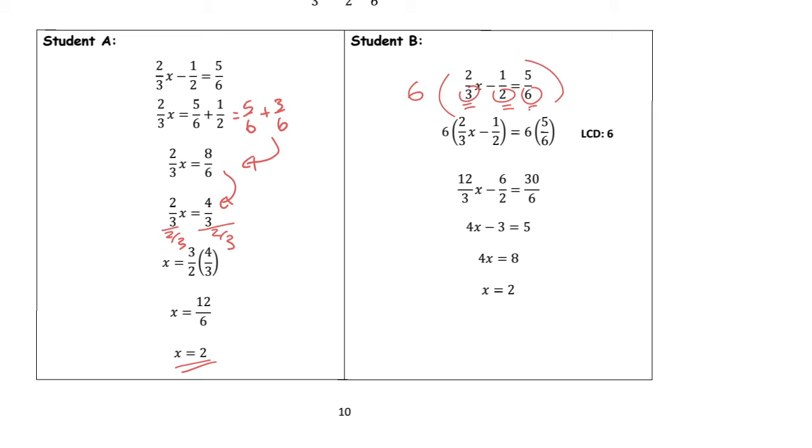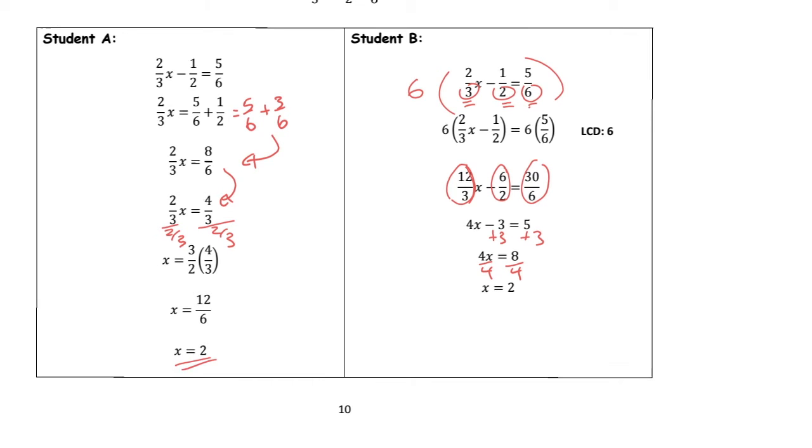So if I multiply the whole thing through by 6, 2/3 becomes 12/3, 1/2 becomes 6/2, 5/6 becomes 30/6, and each one of those can be simplified down to a nice value. So 4x minus 3 equals 5, and then we add the 3 to both sides and divide by 4. And we get the same answer. And that's an important point here. We get the same answer.